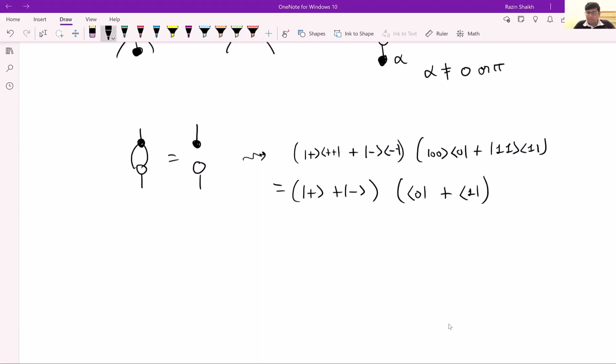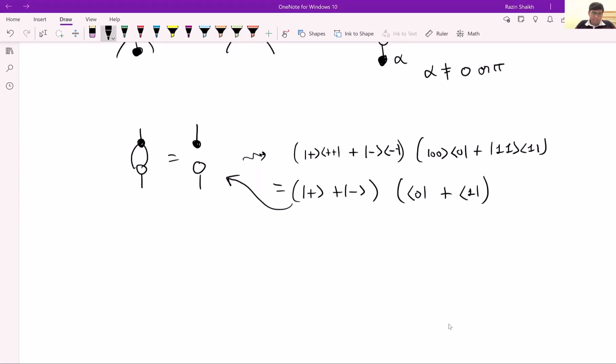Also there will be some extra non-zero coefficients that I'm ignoring. So this is not exactly equal, but equal up to some extra global scalar that we don't care about right now. So now this diagram is the right-hand side.